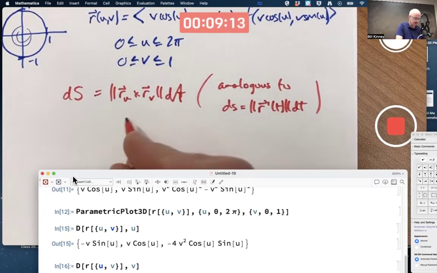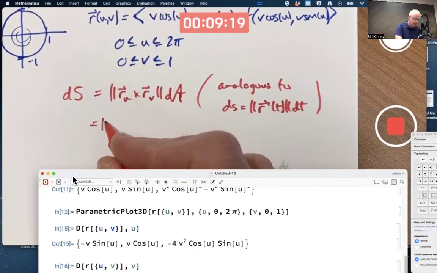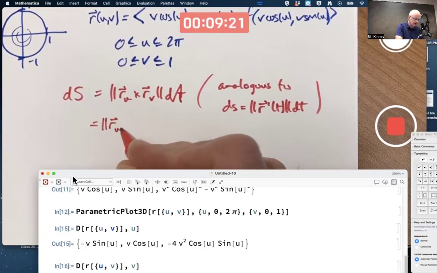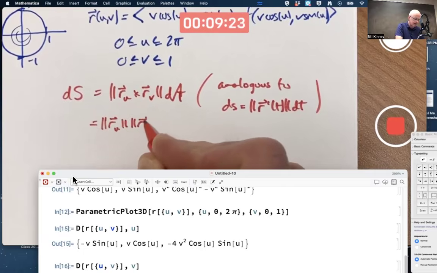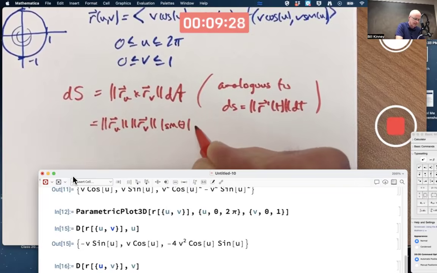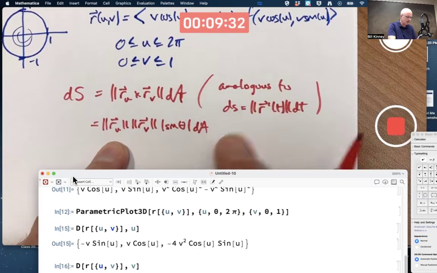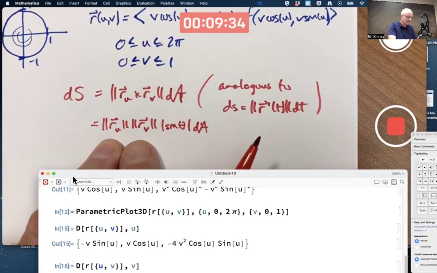If you wanted more detail here, you could also use the fact that the magnitude of a cross product is the magnitude of the first vector times the magnitude of the second vector times the absolute value of the sine of the angle between them. So it's proportional, you might say, to the magnitudes of these derivatives.